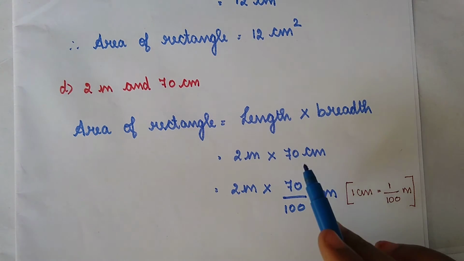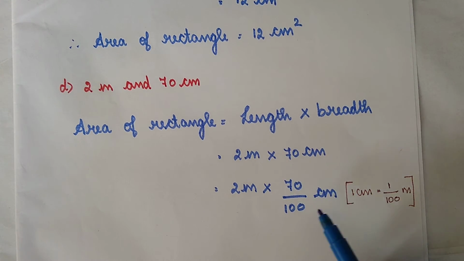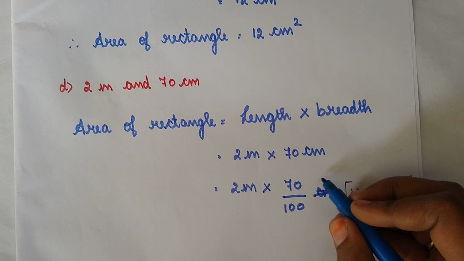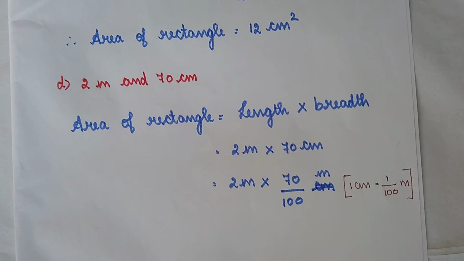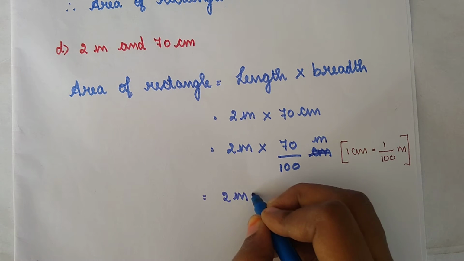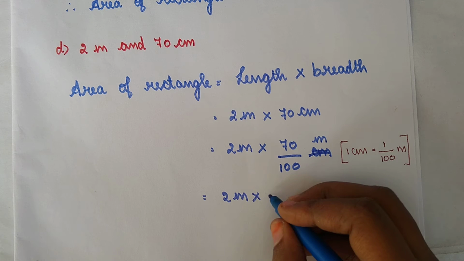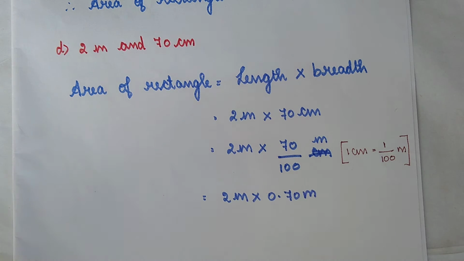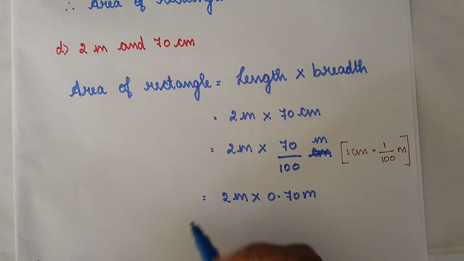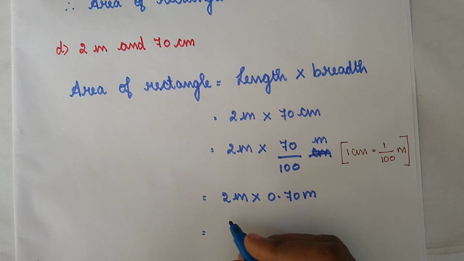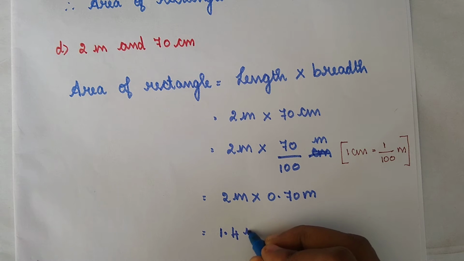Here we change 70 centimeter as 70 by 100 meter. Then 2 meter into 70 by 100 means 0.70 meter. Then we multiply these two numbers. 2 into 0.70 means 1.4 meter square.